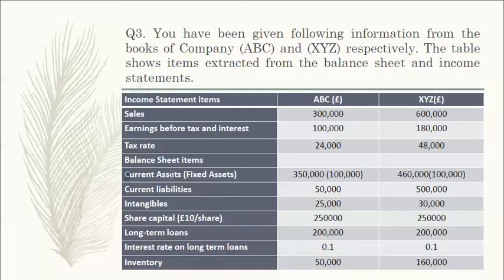First, current assets, which is 460,000, and the fixed assets, which is 100,000, and intangibles, 30,000.